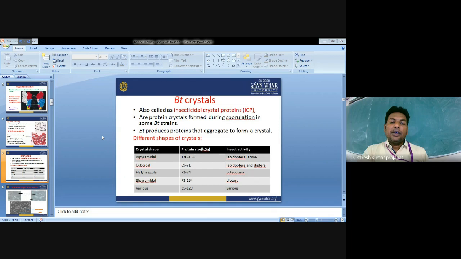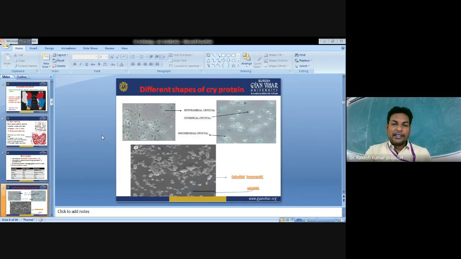Flat irregular, 73 to 74 kilodalton, is active against Coleoptera. Bipyramidal, 73 to 134 kilodalton, is active against Diptera. Various other proteins range from 35 to 129 kilodalton, with various different insecticidal activities.